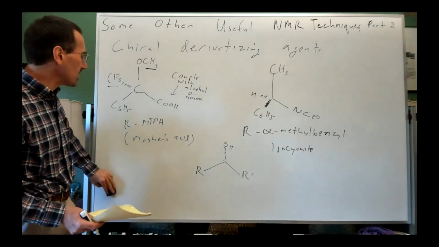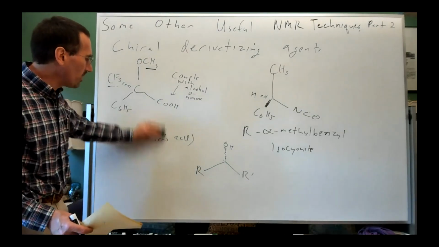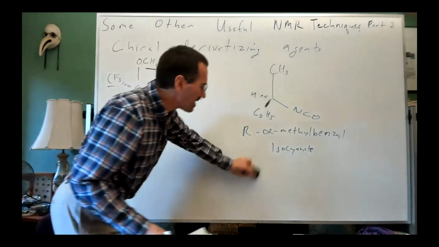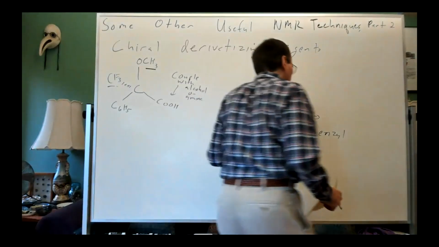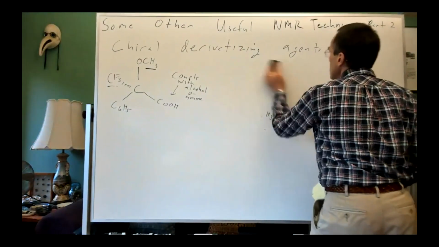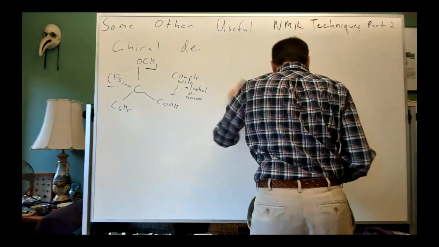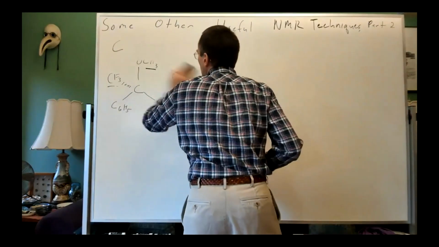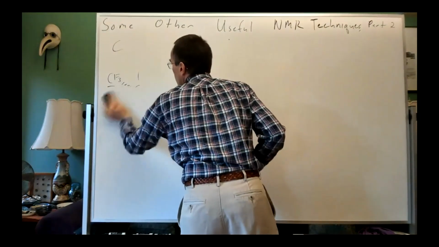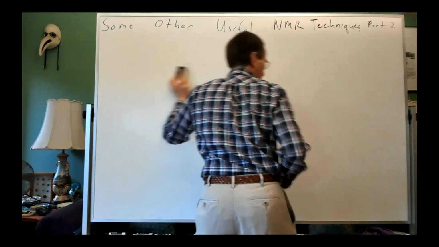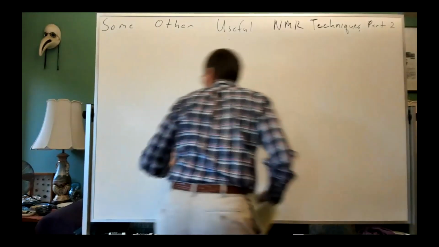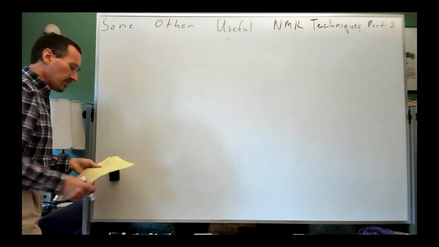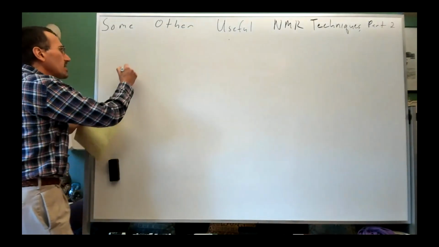Anyway, I want to give you an example of a problem. And again, this is in the handouts, but not particularly necessary. I think it's in handout 3, a paper I published. And I'll just tell you about a little bit of a real research problem that my group was working on, where we had occasion to basically use a chiral derivatizing agent.